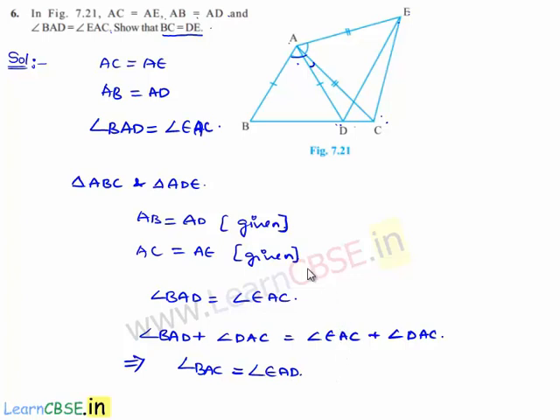Now according to SAS property, we can say that triangle ABC is congruent to triangle ADE.